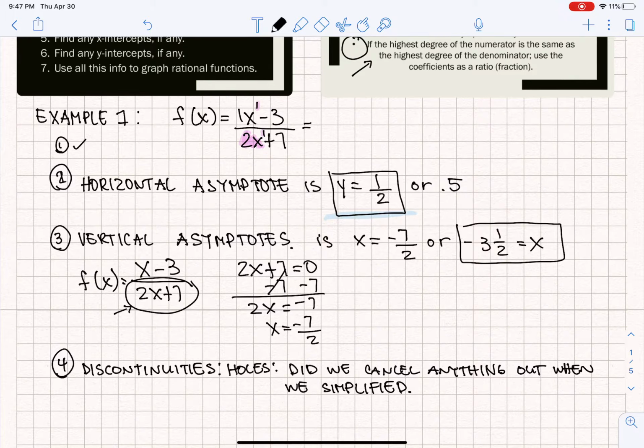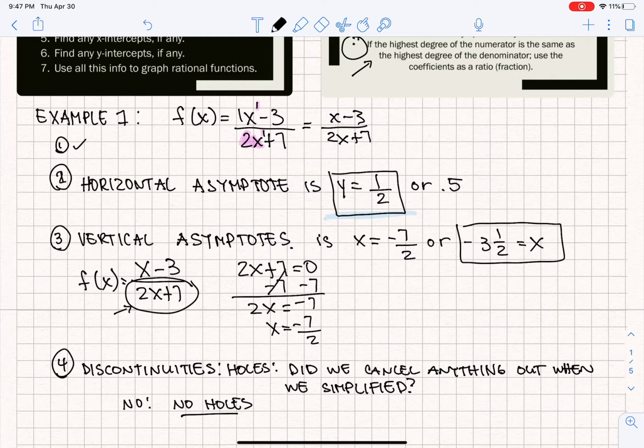So when we looked at our function, we didn't simplify it. It stayed the same because it was already in simplest form. So the question is, did we cancel anything out when we simplified? No, we did not. So there are no holes or discontinuities.